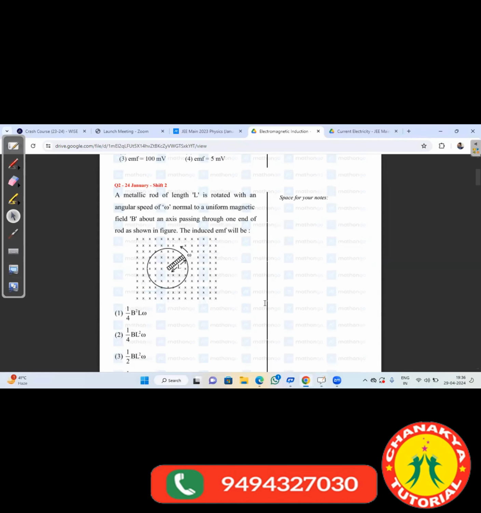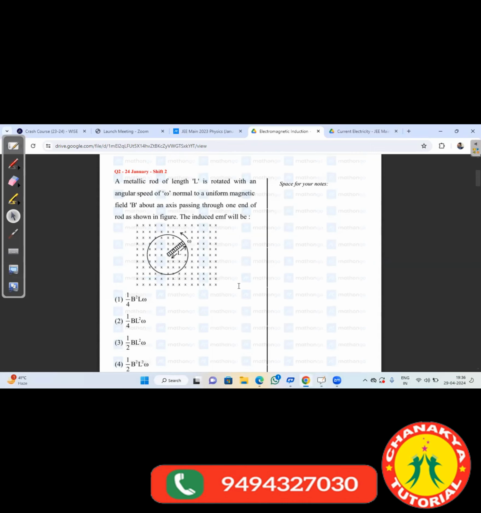Now see this one. A metallic rod of length L is rotated with an angular speed of omega, normal to a uniform magnetic field B, about an axis passing through one end of the rod, as shown in the figure. The induced EMF will be?